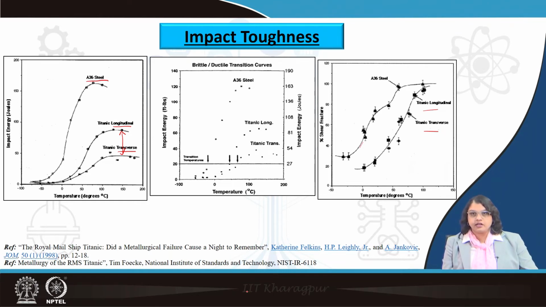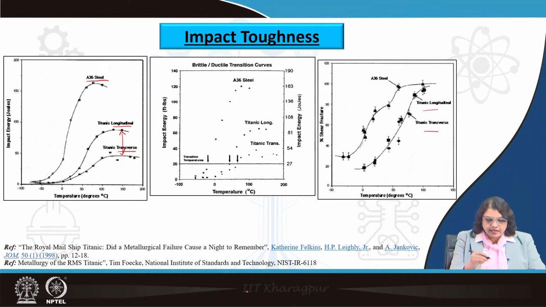There are different ways of measuring the DBTT as we have discussed in the lecture, and what we can say here is that even if we are talking about 50% strain or some particular value of 20 joule impact energy, this Titanic steel has quite a high value of DBTT. Okay, so, quite a positive value, and in comparison the modern day steel has a negative DBTT. Negative means below 0 degrees.